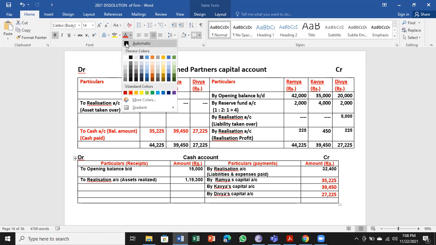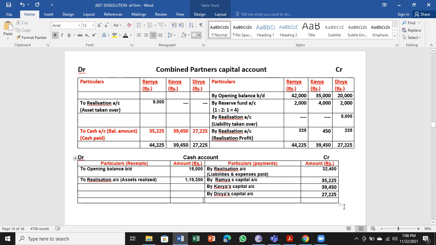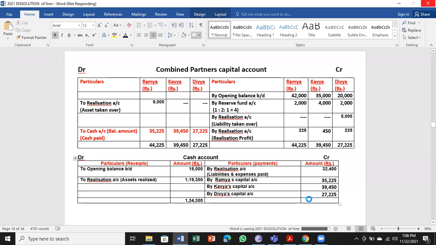Now we have to go for totaling the cash account. If both sides have the same value, that means we have done it right. 1,34,300. Look at the credit side, total that side also, whether we have the same amount or not.